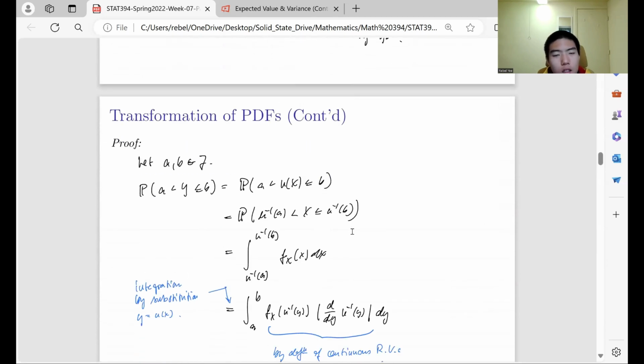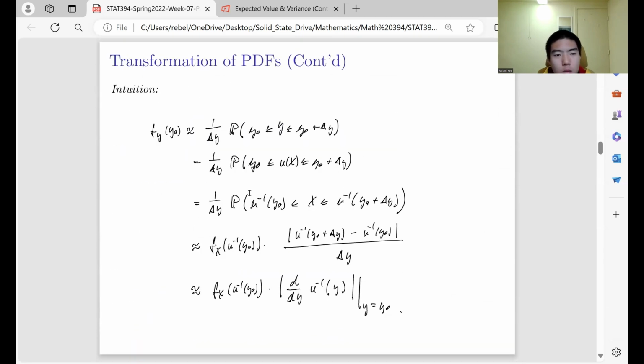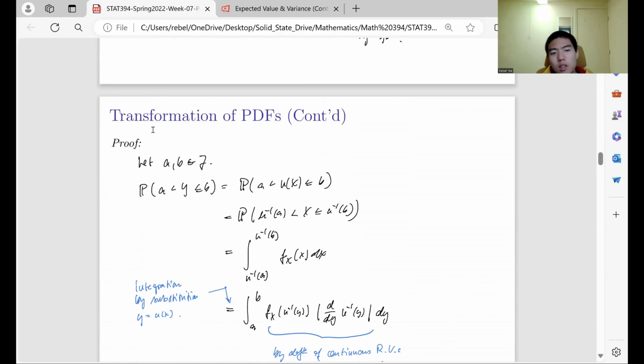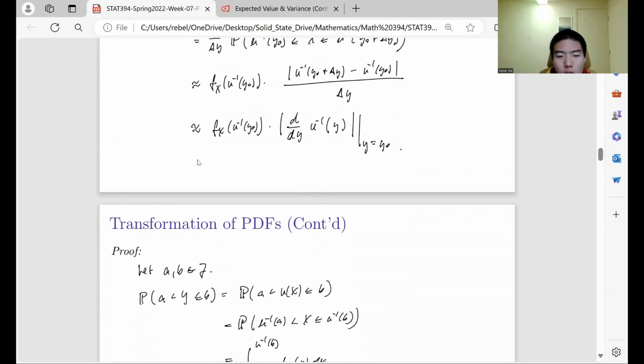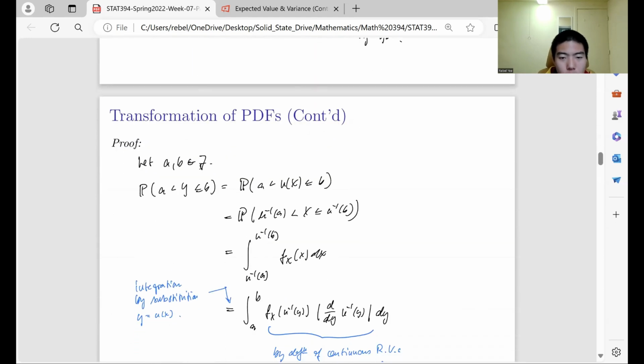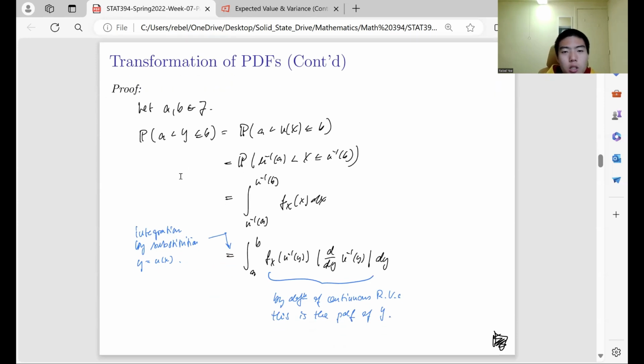And another thing, if we can find out the transformation PDF, we can use it to find its CDF as well, which is to do an integration on it. So the CDF of something, this is a collection of CDF, like a CDF of B minus CDF of A. So this is actually an operation on the CDF, but we can still do it.